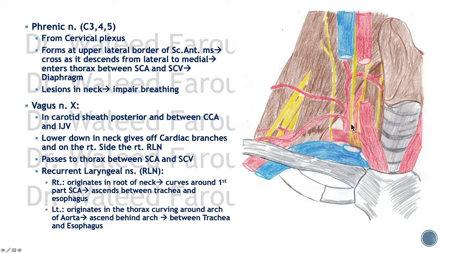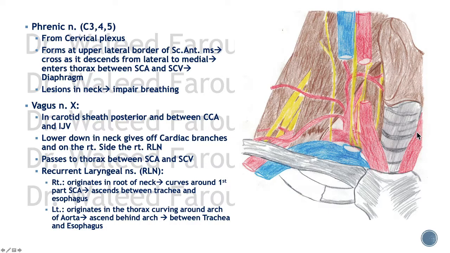And as it goes down, it enters the thorax. Remember, the nerves always enter the thorax between the vein and the artery, between the subclavian vein and the subclavian artery. Means anterior to subclavian artery, posterior to subclavian vein. This is how it plays in MCQ. As it goes down, on the right side, it gives off the right recurrent laryngeal nerve.